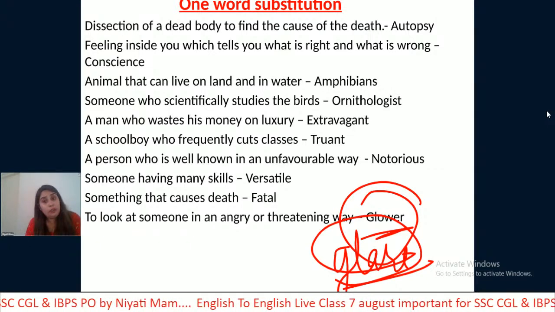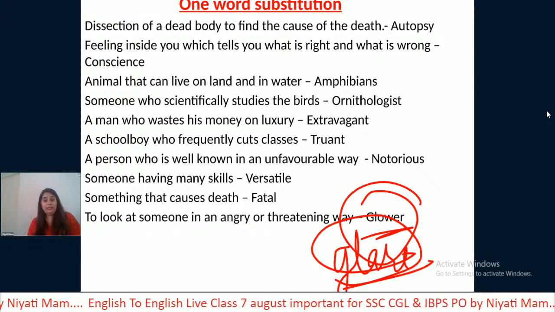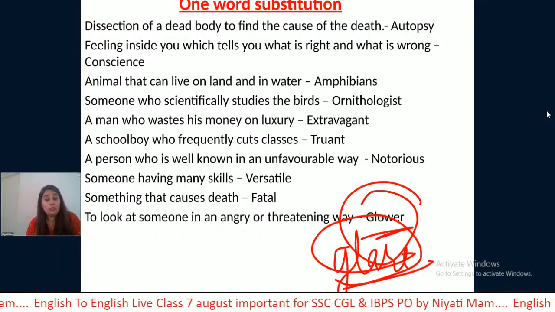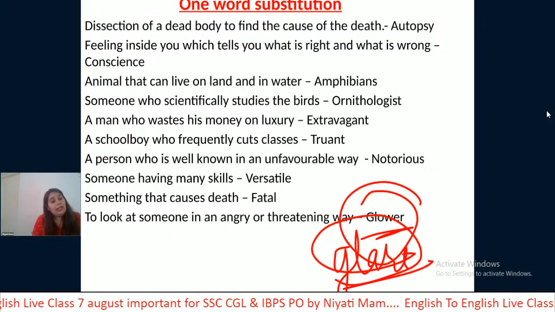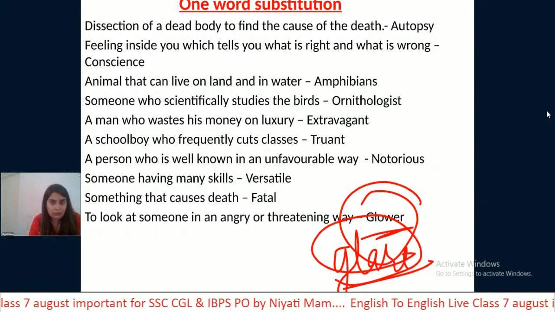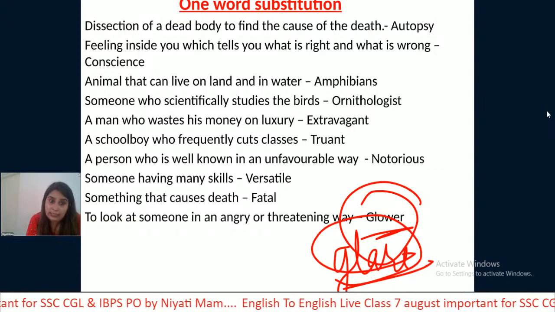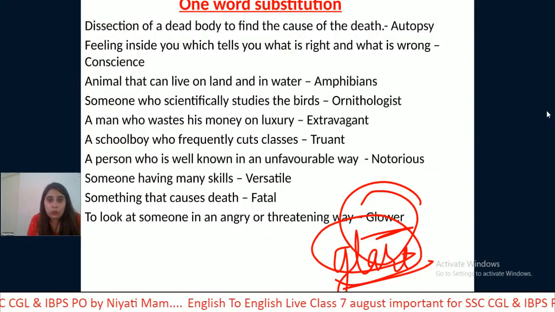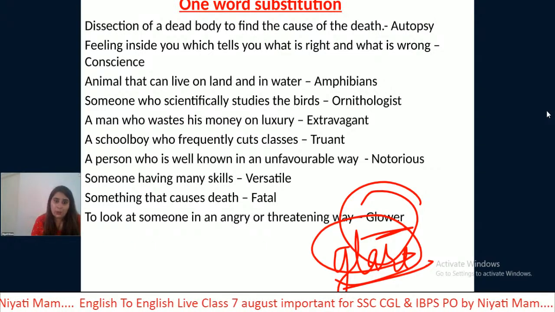Dissection of a dead body to find the cause of death: autopsy. Feeling inside you which tells you what is right and what is wrong is conscience. Animal that can live on land and water: amphibians. Somebody who scientifically studies the birds: ornithologist. A man who wastes his money on luxury: extravagant.